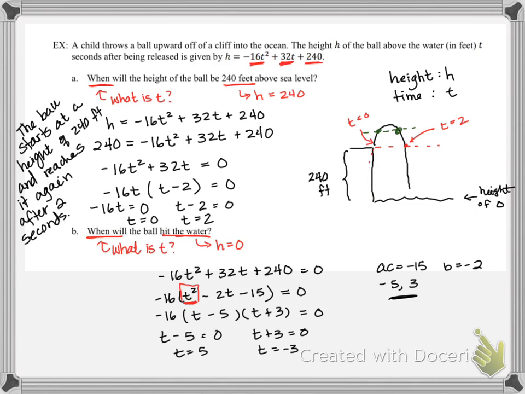So it's sort of like going back in time. But in this case, we don't go back in time. So the only one that makes sense is that 5. So the ball will hit the water in 5 seconds.